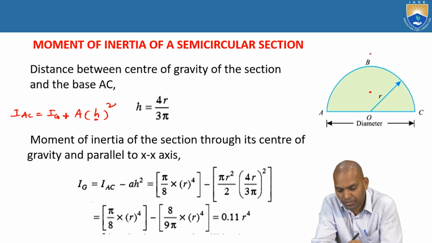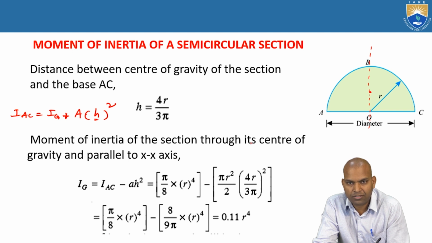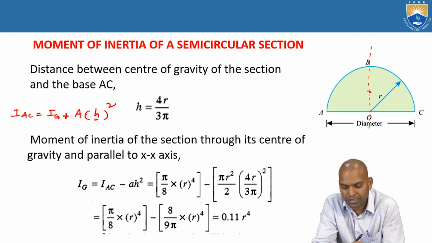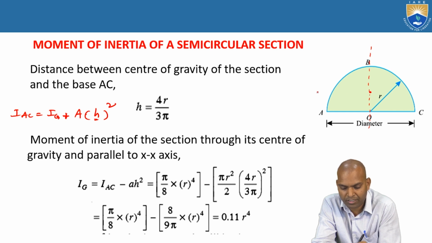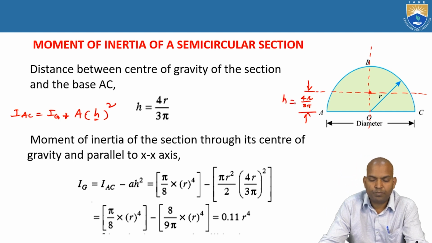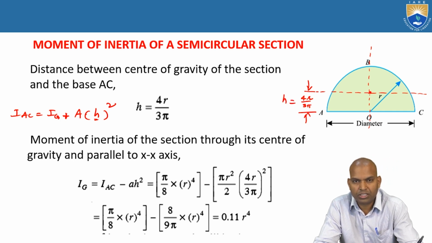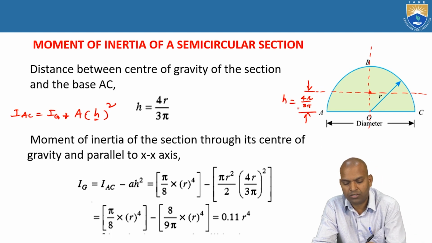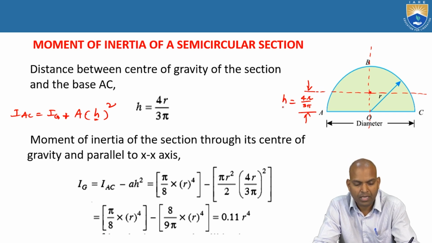In this figure, the section is symmetrical about the vertical axis YY, so we have to find the axis parallel to the x axis passing through the centroid. The centroid is located at a distance of 4r by 3 pi. That is h, the distance between the center of gravity of the section and the base, h equal to 4r by 3 pi.